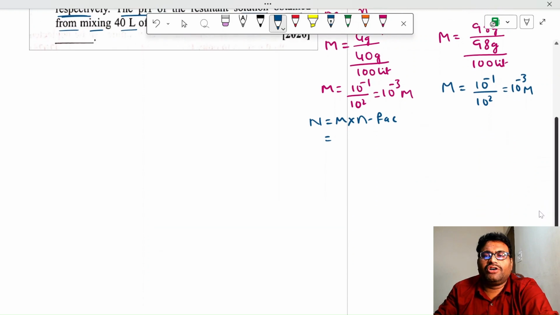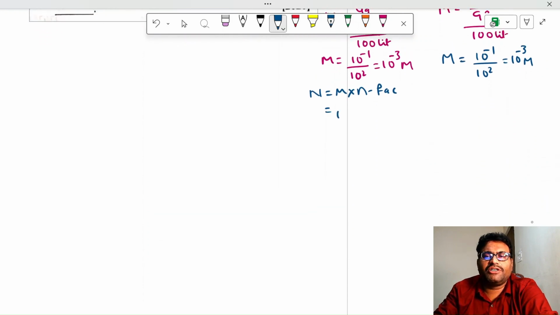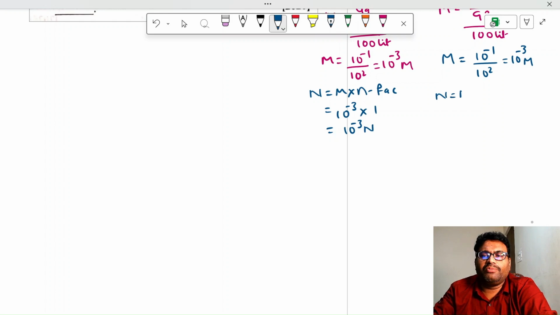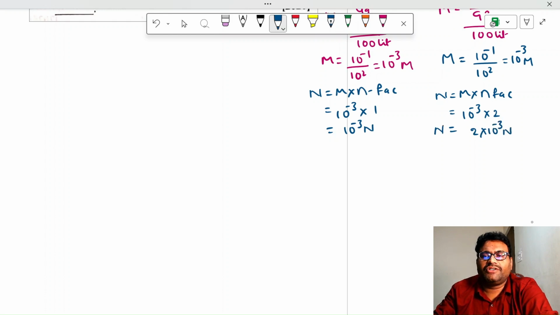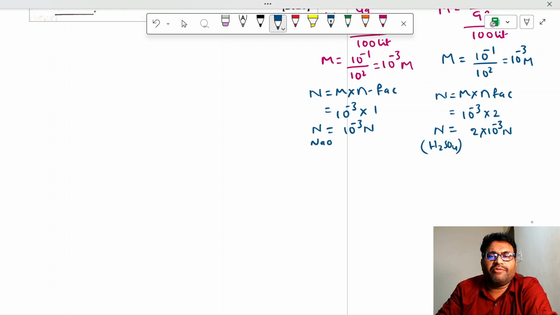So for NaOH, 10 power minus 3 into n factor 1 is equal to 10 power minus 3 normal. For H2SO4, normality is equal to molarity 10 power minus 3 into n factor 2, that is equal to 2 into 10 power minus 3 normal. Right? So whose normality is it? H2SO4, and whose normality is it? NaOH. So this is the situation.